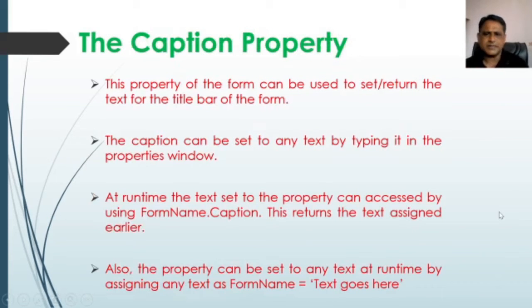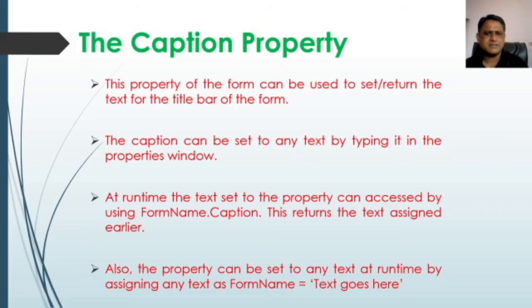The caption property. This property can be used to set or return the text for the title bar of the form. The text mentioned in the caption property will appear on the title bar of the form.